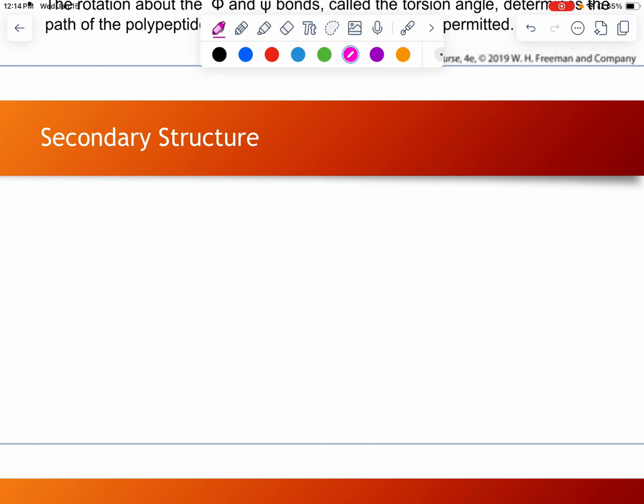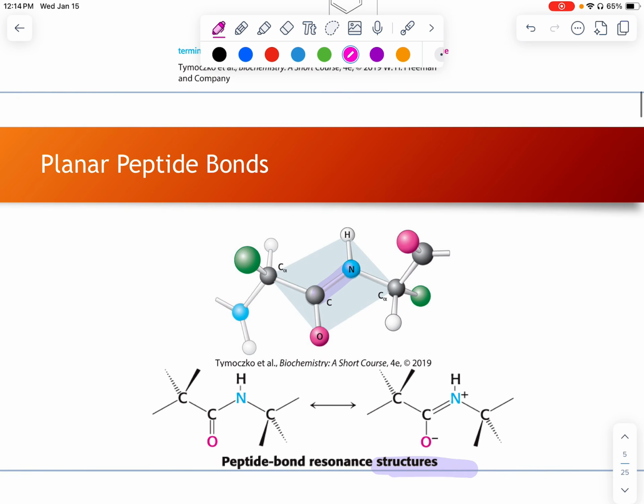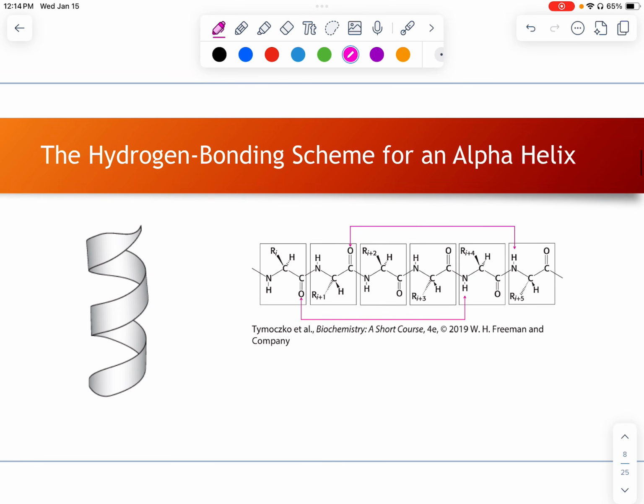So if we think about a polypeptide chain, let's just think about a polypeptide chain. Don't worry about the picture over on the left yet. So we have a chain. We've got our peptide bonds.